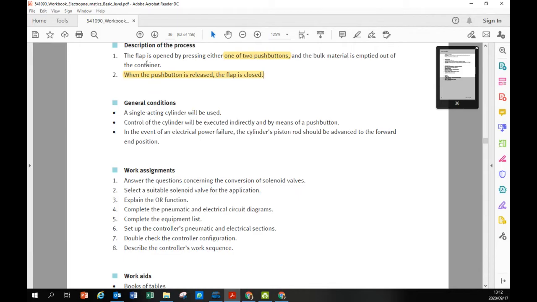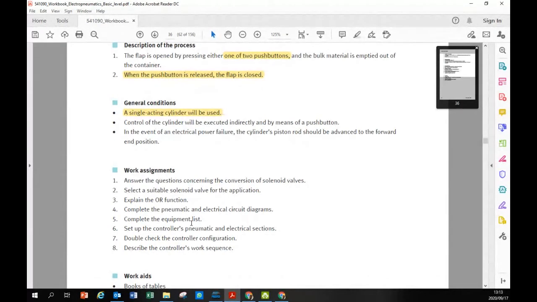Those are the two terms I use. Retracted. So when the cylinder is extended, that is extended end position with an E, and retracted end position. In this case, a single acting cylinder will be used.